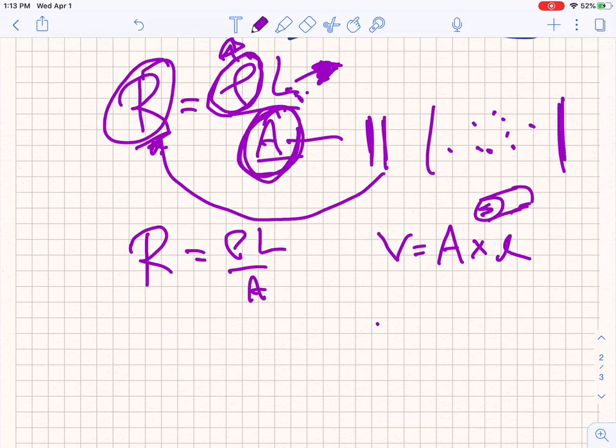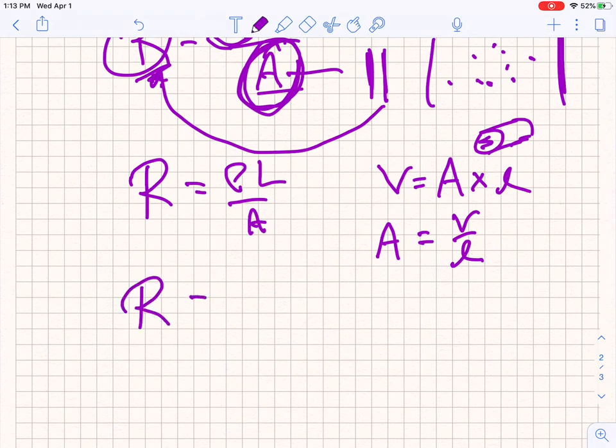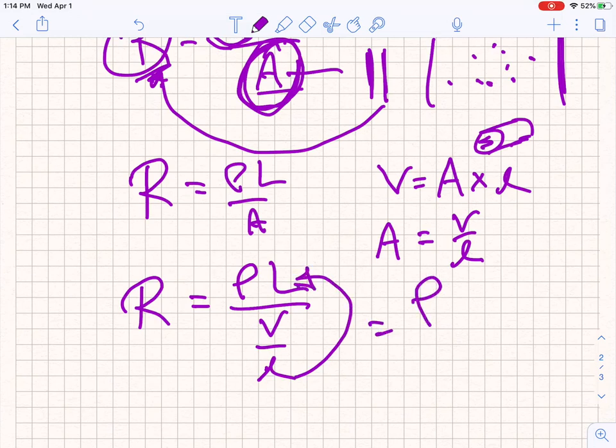If you solve this for area, you get, wait for it, volume divided by length. So if you come into this resistance equation and go rho L, and then instead of area, you put volume divided by length, well, then that length flips up here, and you get rho L squared over V.